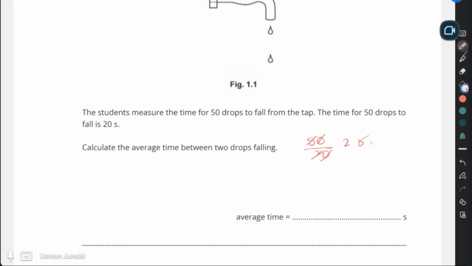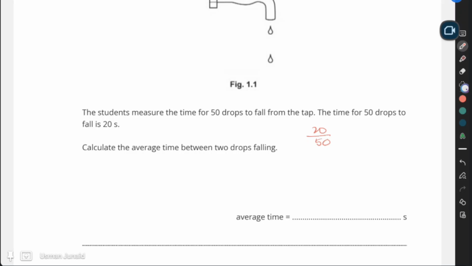But they're asking between two drops. So you have 2.5 seconds. Wait, can I read the question again for a moment? Sorry. We've messed up. You're supposed to do 20 over 50 because it's going to be the average time, right?